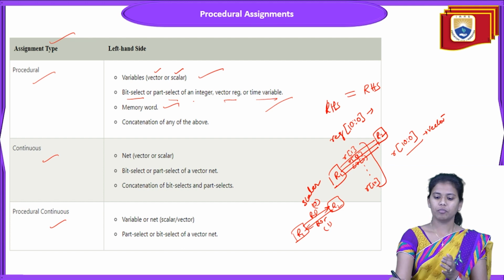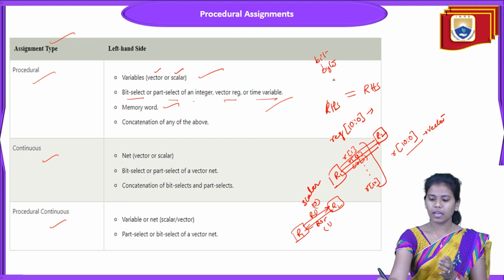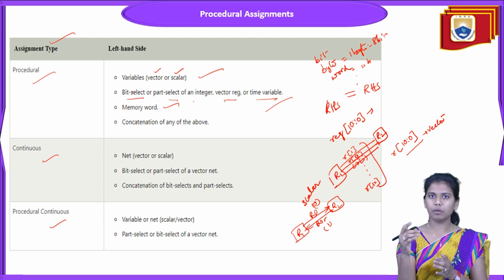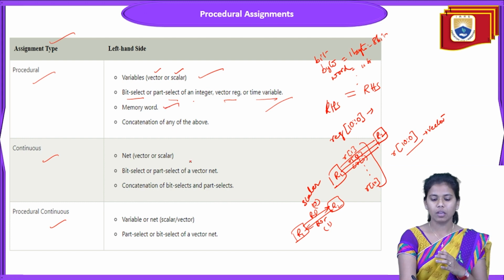We all know what a byte is, what a bit is, and what a word is. One byte is equal to 8 bits, isn't it? 1 word is equal to 16 bits, isn't it? So to the left hand side, not only bit wise we can see a word, but also a memory word, and also concatenation of all the above.